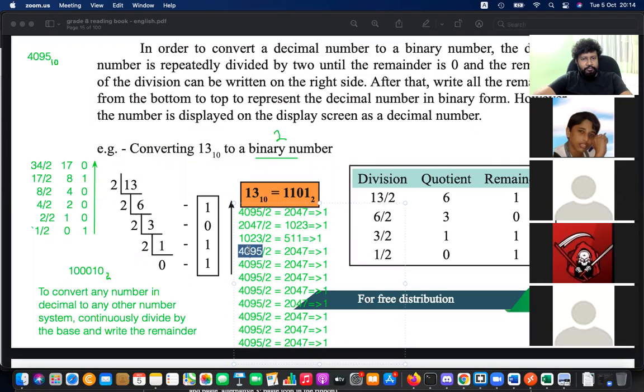Then 511. 255. 255, correct. 127. 127, correct.